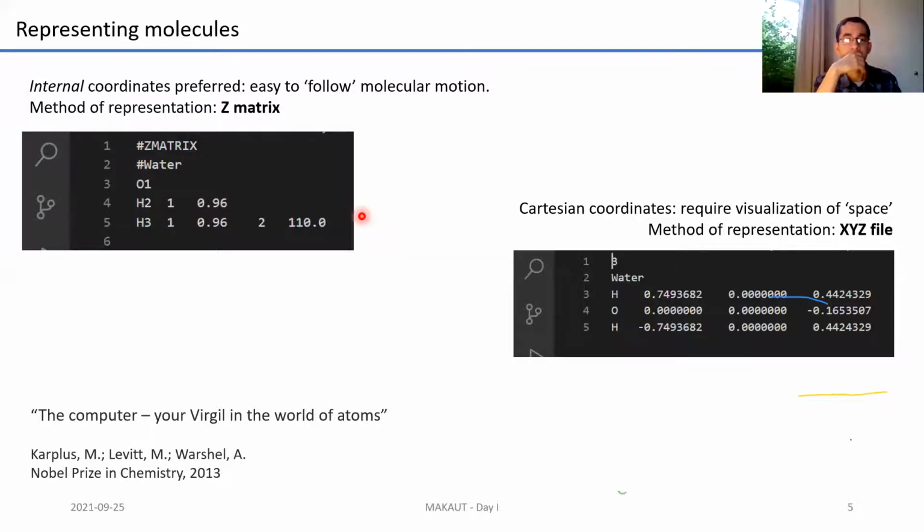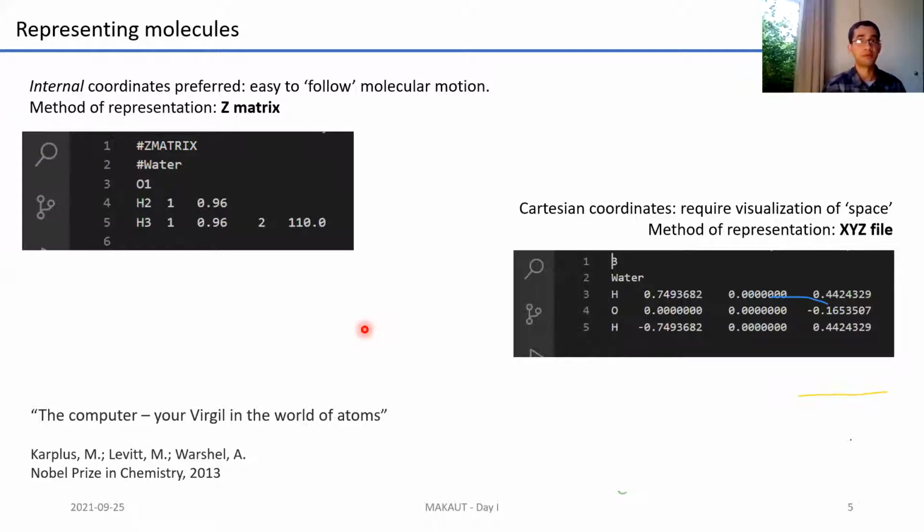The reason is that, taking you back to around 2013, as you're probably aware, the Nobel Prize in Chemistry went to Karplus and co-workers for the development of computational methods for understanding chemistry. There's a very deep statement that Martin Karplus made.